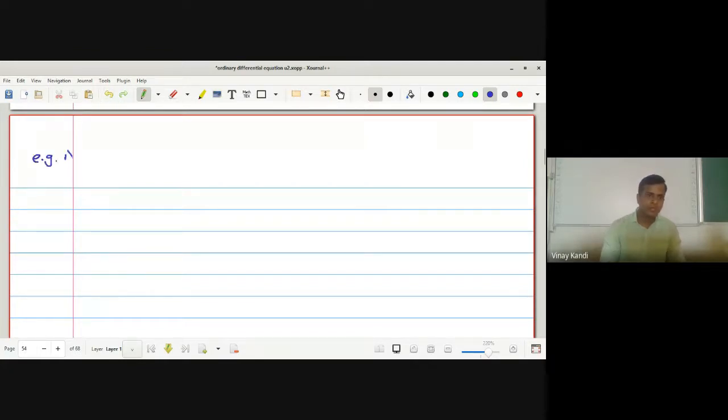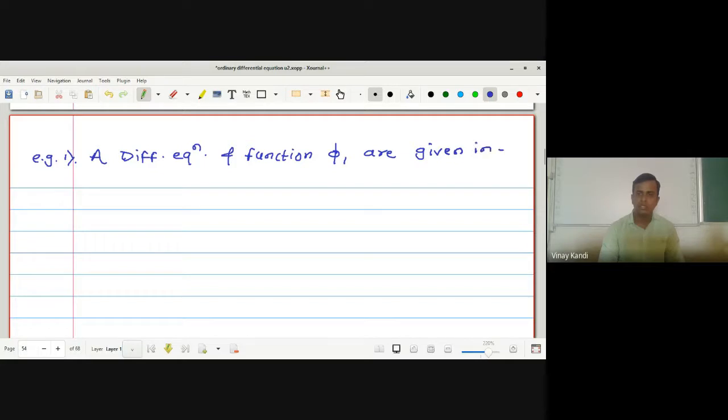Example number 1. A differential equation and the function phi 1 are given in each of the following.